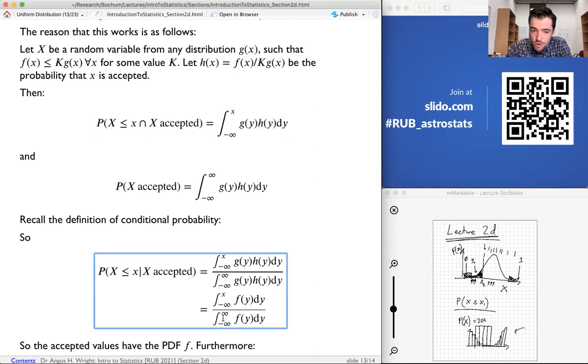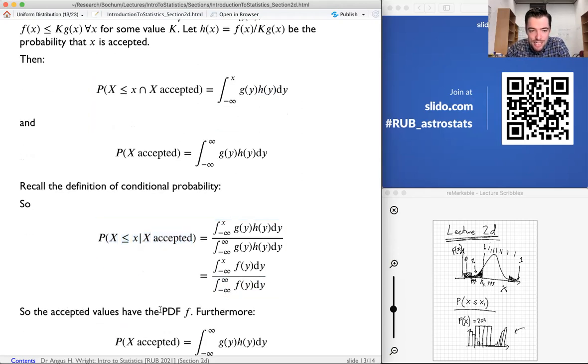And so this normalization here turns f of y into a PDF. That is to say that the probability distribution of x being less than some value x, given that it was accepted, has the PDF of f. And that's why it works. Okay.